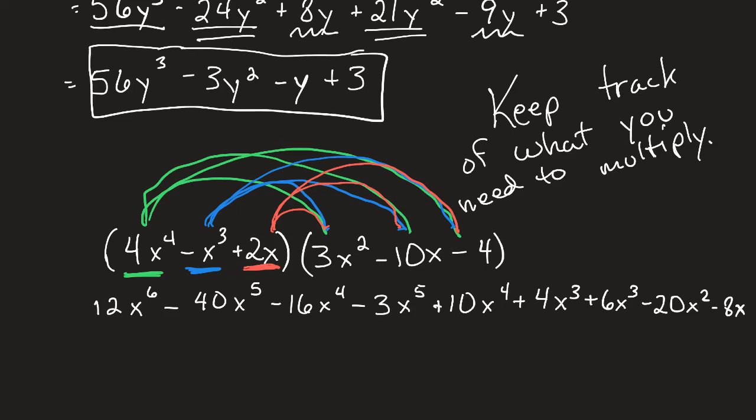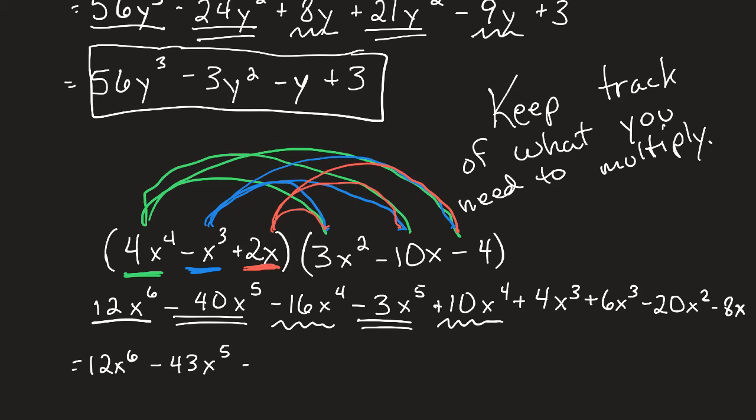So now we have this really, really long polynomial, and we need to simplify it, so we're going to combine like terms. Our highest power is this 12x to the sixth. Then we have negative 40x to the fifth and negative 3x to the fifth, so that's minus 43x to the fifth. Then we have negative 16x to the fourth and 10x to the fourth, so that will be negative 6x to the fourth.